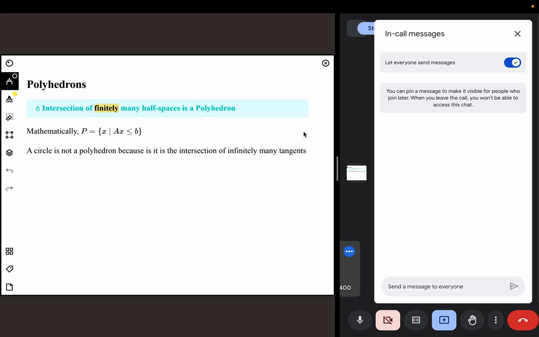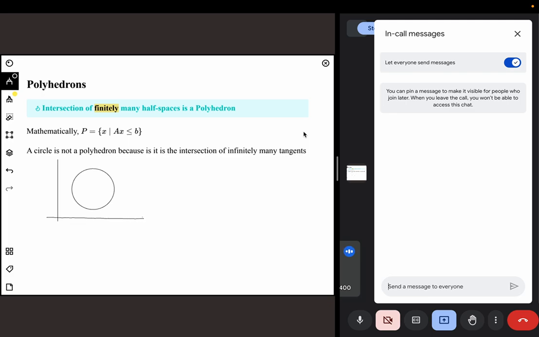With this example, we have discussed it even in the last week. A circle is not a polyhedron. In order to get a polyhedron, I have to write it in the ax less than or equal to b form. If these are my coordinate axes, each constraint will be a half space.